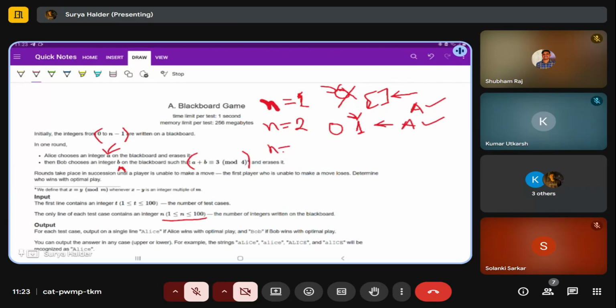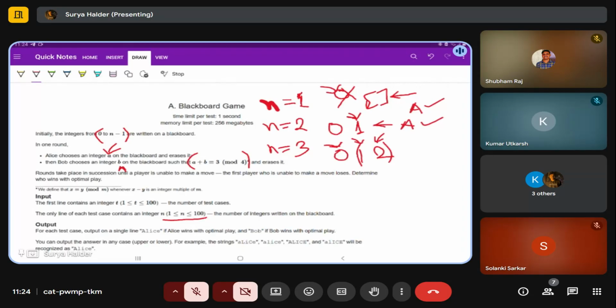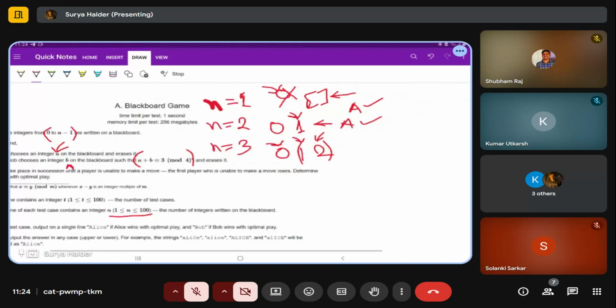For n equals 3, the elements are 0, 1, 2. Here you can observe that if Alice picks up 1, then Bob can pick up 2, because the condition is satisfied. But we have a problem with 0. If Alice picks up 0, then Bob has no valid picks.